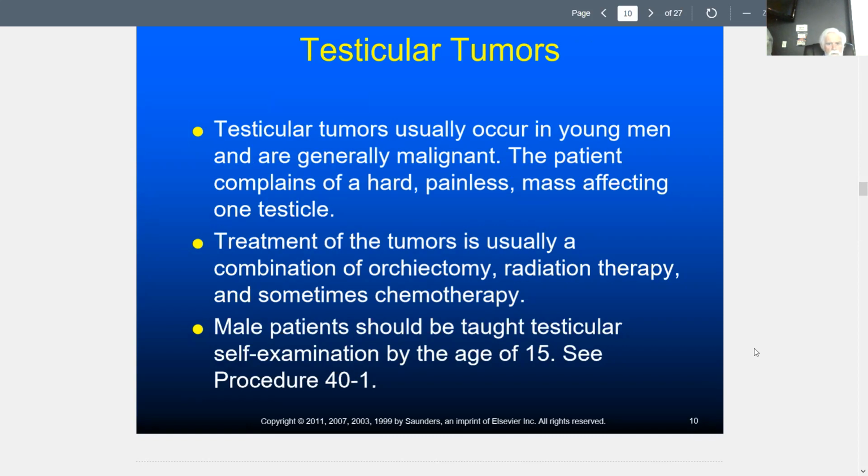And that should be looked at. This mass generally would only be found on one. We can either remove the testicle, or we can go in and surgically remove the lump, or sometimes use chemotherapy. Orchiectomy is actually to remove a testicle.